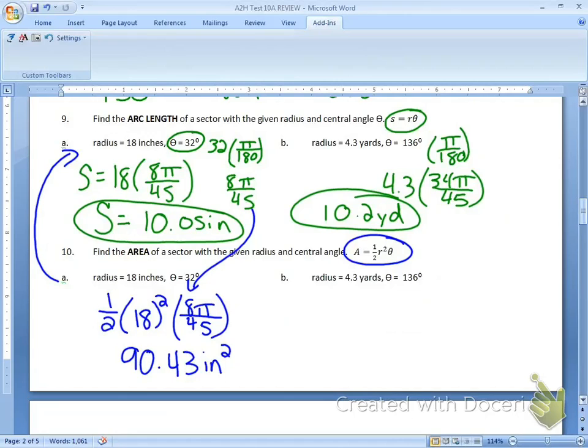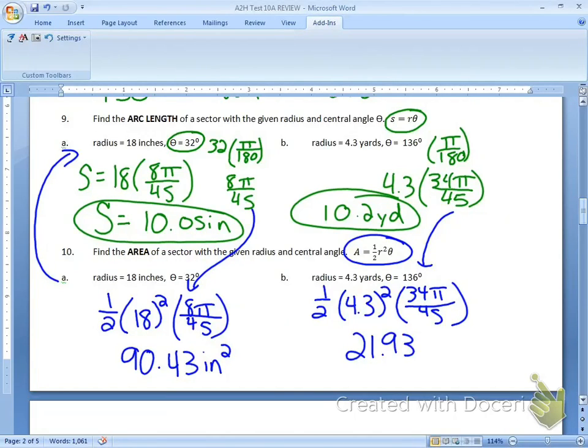For part B, you have 1/2 times 4.3 squared times our theta version, 34 pi over 45, and you end up with an area of 21.93 yards squared.